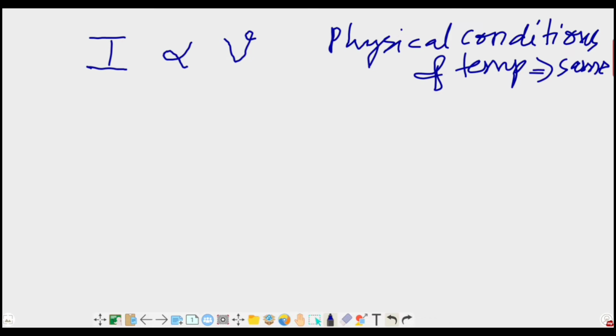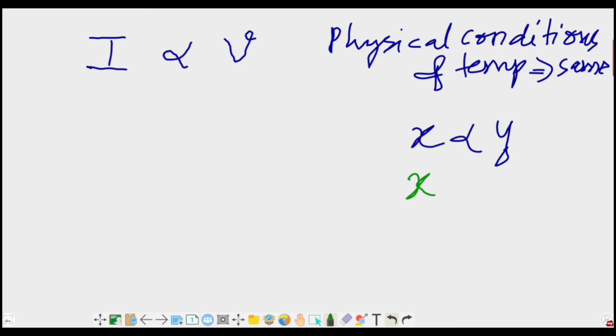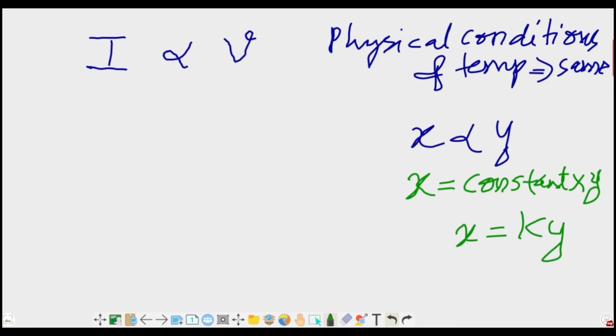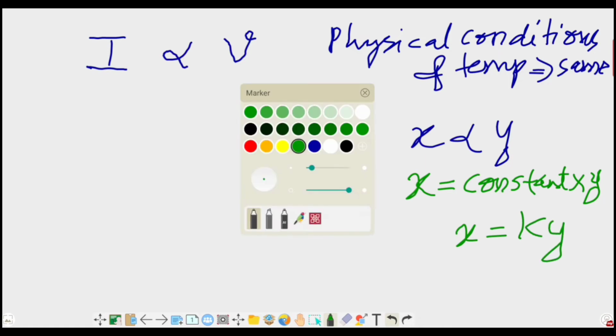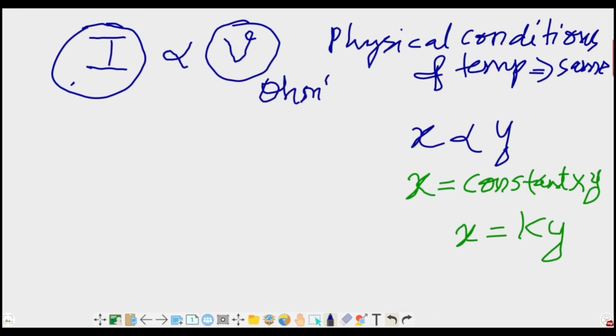Now in maths, you have done that if x is proportional to y, to remove the proportionality sign and convert it into an equation, you have to insert a constant. And in maths, generally we insert this constant as k. So what Ohm observed is that current I passing through the conductor is proportional to V, the potential difference. He made a law which is known as Ohm's Law.